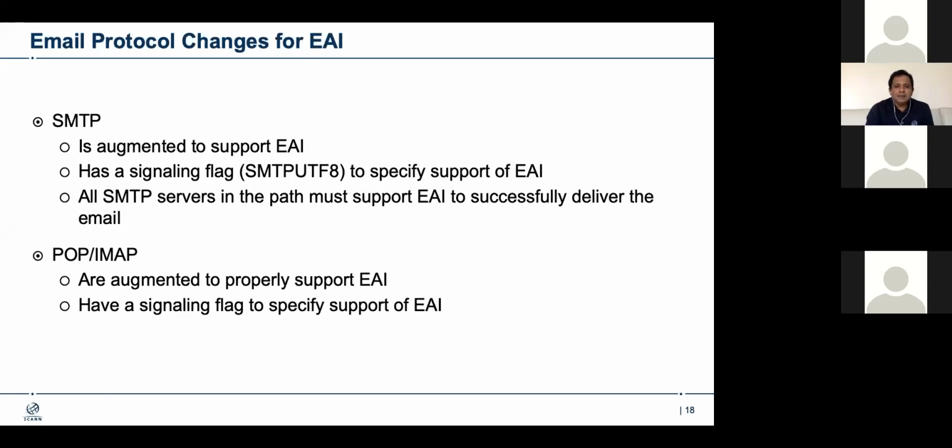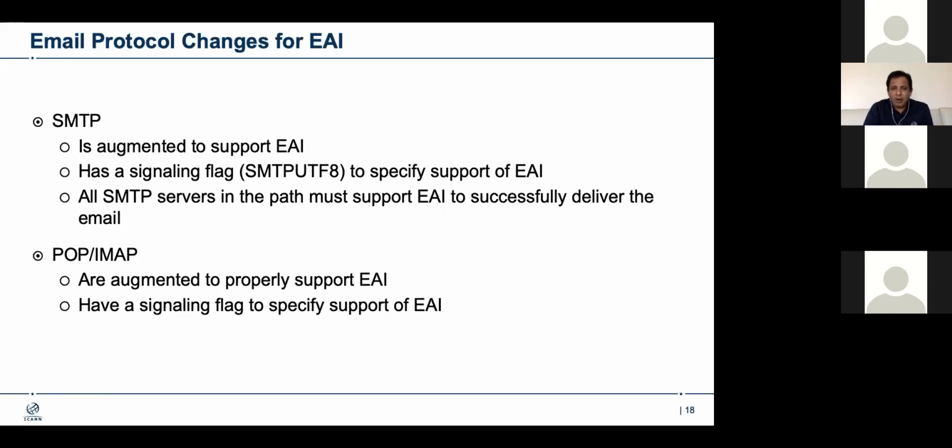Another important consideration is that all SMTP servers in the path should support EAI for the successful delivery of email, because, as I told you earlier, sometimes there could be multiple mail servers in the path, right? And also, in the DNS, we may have a number of MX records.